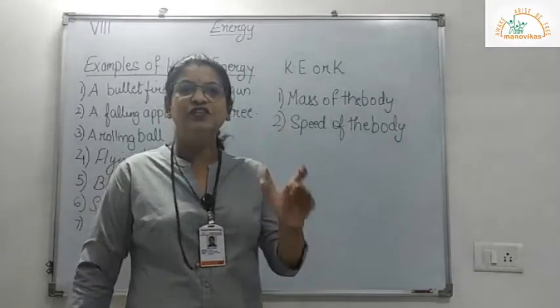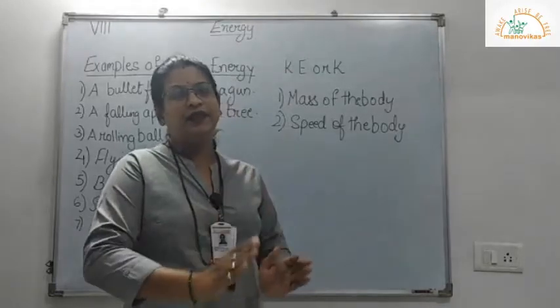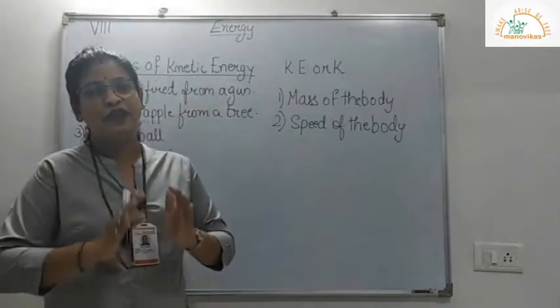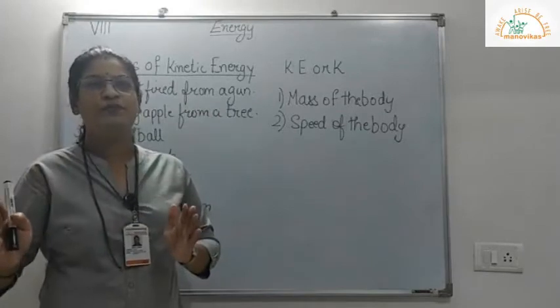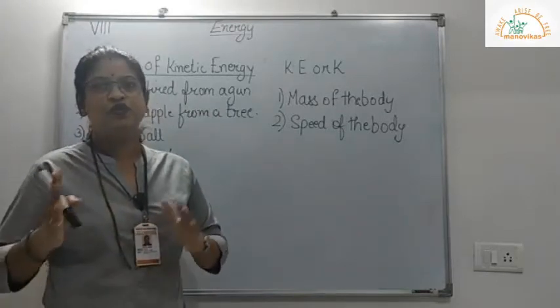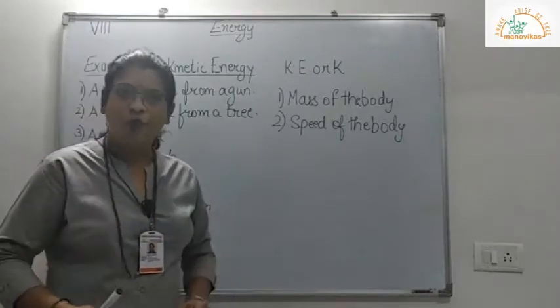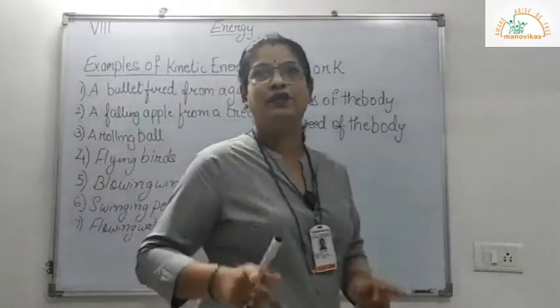So in the first case, the kinetic energy will be less, and in the second case, when he increases his speed to 4 meters per second, the kinetic energy becomes 4 times. So this tells you that more the speed of the body, more is the kinetic energy.